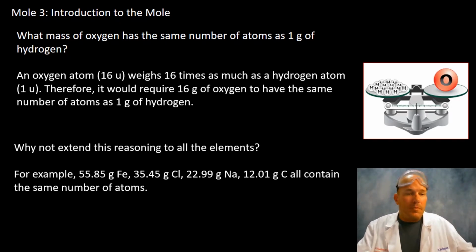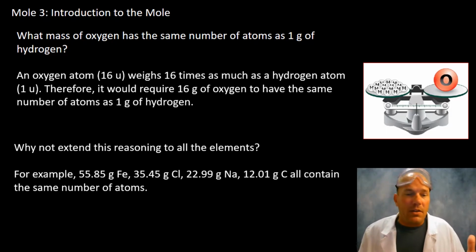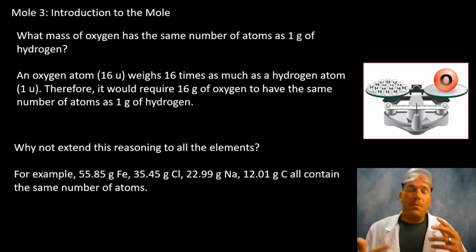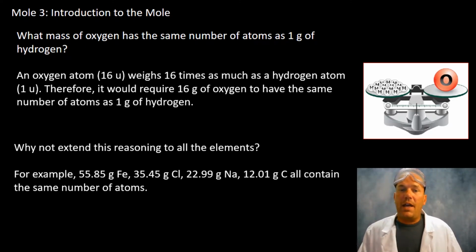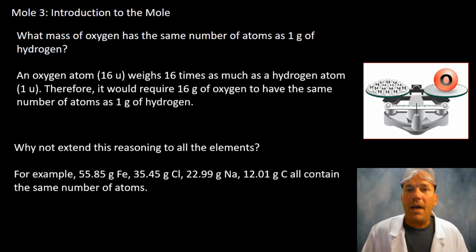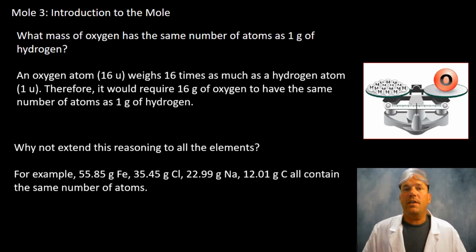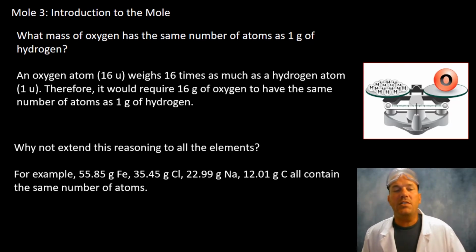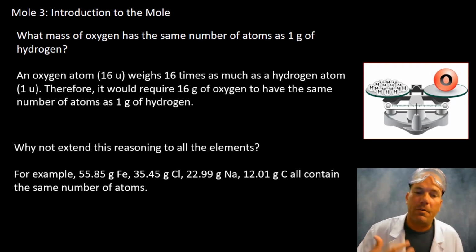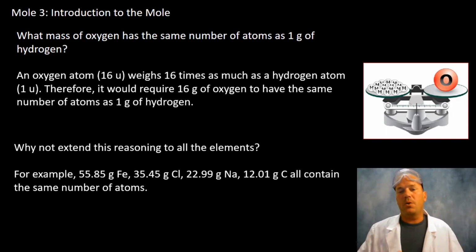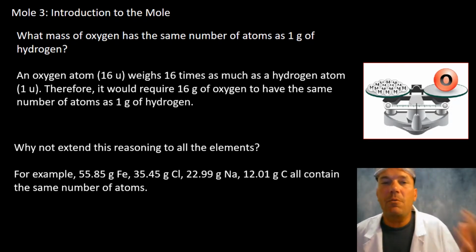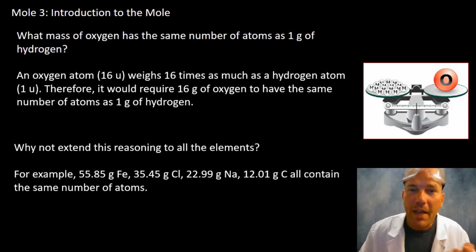So, for example, 55.85 grams of iron is going to have the same number of atoms as 1 gram of hydrogen, as 16 grams of oxygen, as 35.45 grams of chlorine, as 22.99 grams of sodium, and so on. They will all have the same number of atoms.